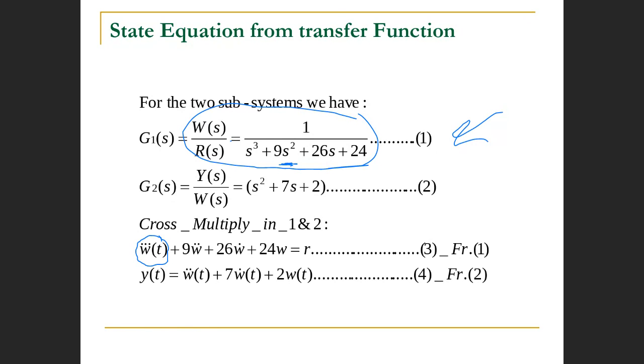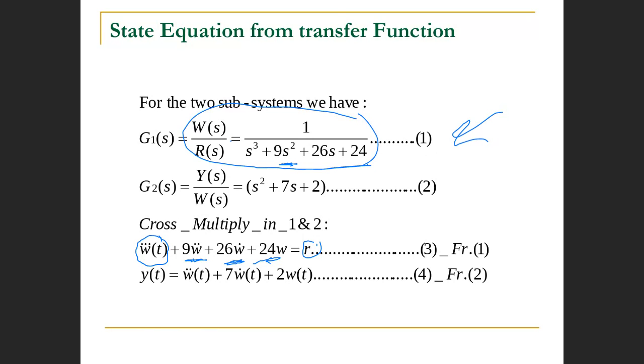So we end up with 9 times W of t to the second derivative. 26S times W of S will give us 26 times the first derivative of W of t. How about the W of S times 24? It just gives us W of t times 24. And the other part of the equation, which is R of S times 1, inverse Laplace just becomes R of t. Is this part clear? Any questions on that?